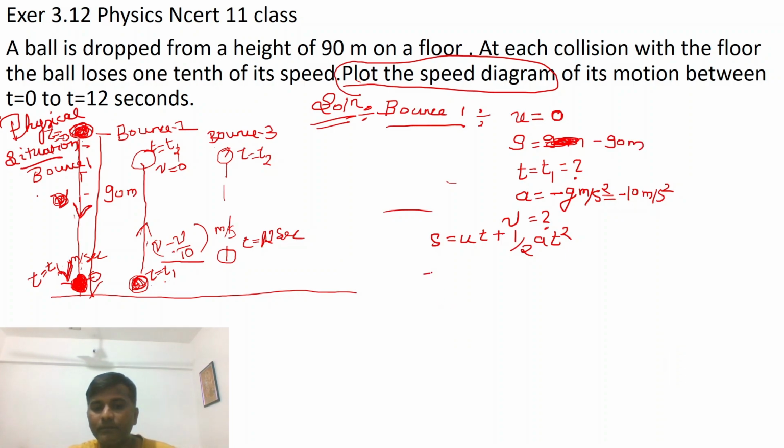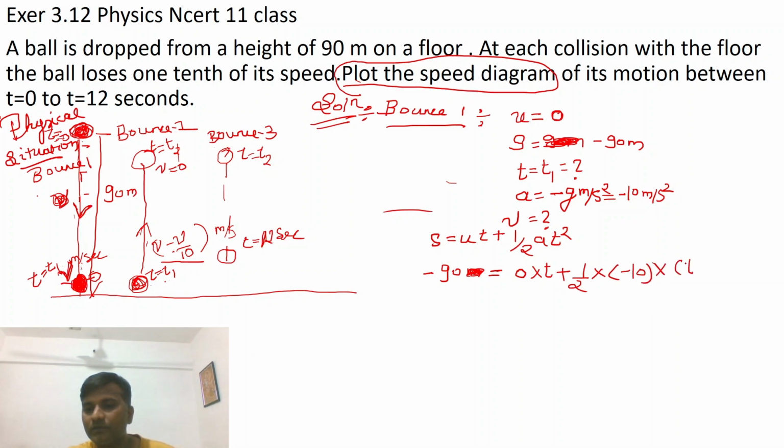In this case, for the first bounce, minus 90 is equal to, let us not write down the units, it will be confusing, u is 0 into t plus half into minus 10 into t square.